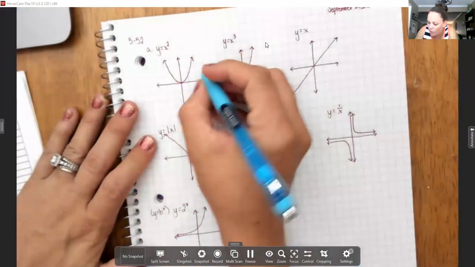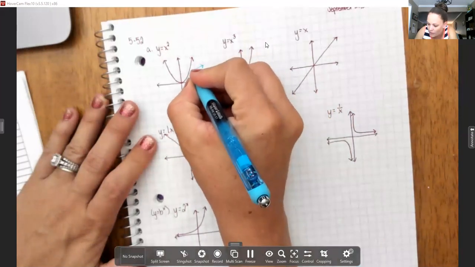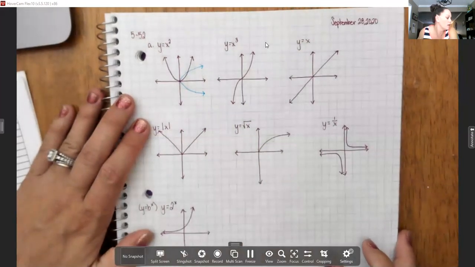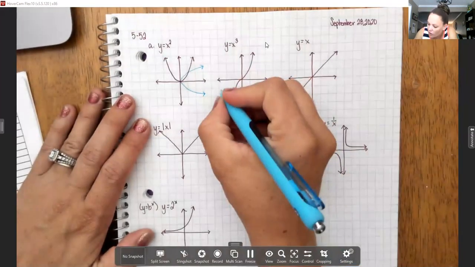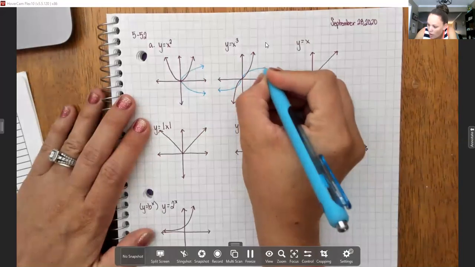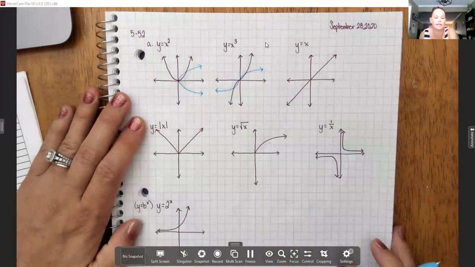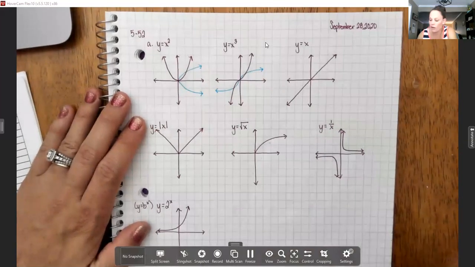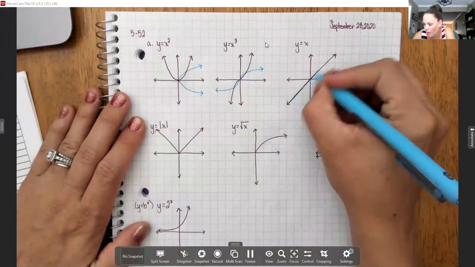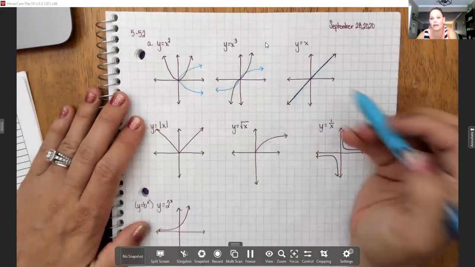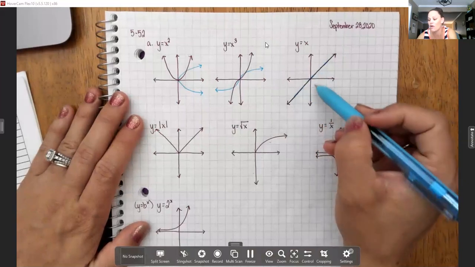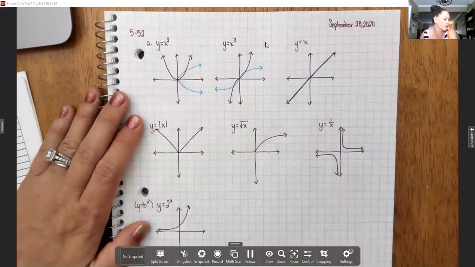So the inverse of a parabola we saw was the sleeping parabola. The inverse of the cubic is sideways. The inverse here happens to be right on top of it, because that line y equals x, that is that line of reflection for a function and its inverse.